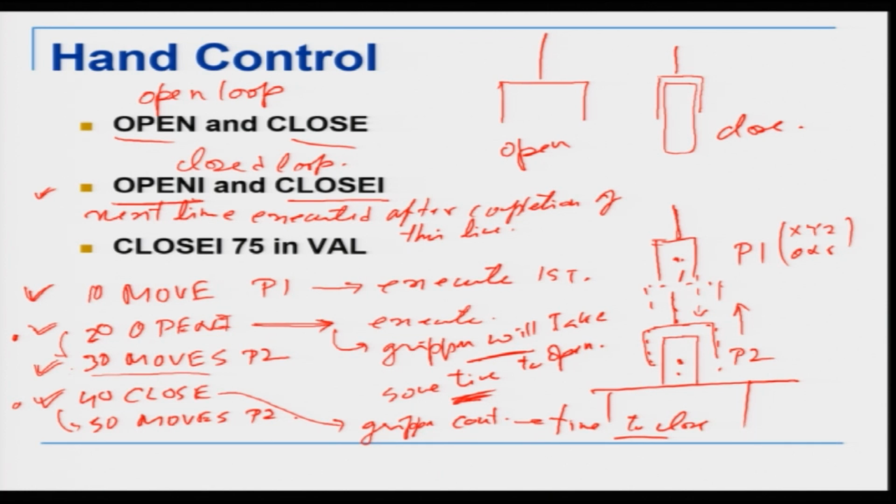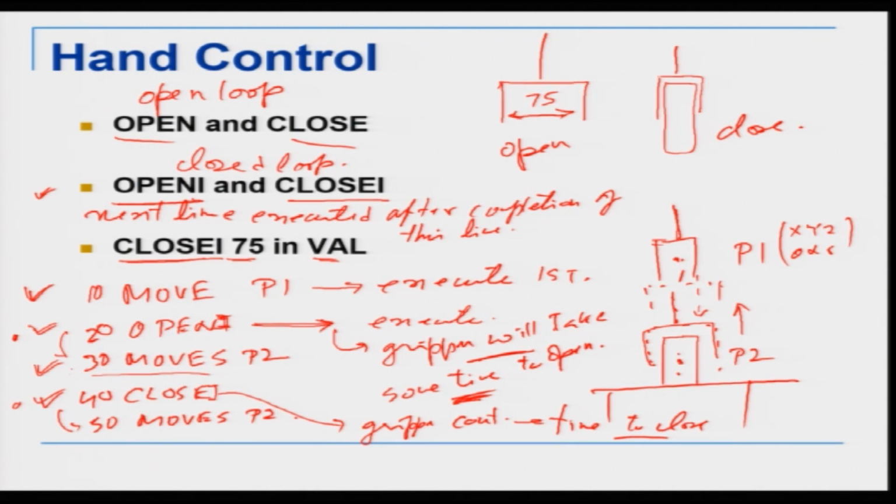Now, there is another command which is called CLOSEI 75 in VAL language, which means that if you can control the distance between these two fingers, then we can say CLOSEI 75 in VAL, which means that this is 75. So, the fingers will close until the distance is 75. Okay. So, this is something important to note, that when to use open and when to use closed.